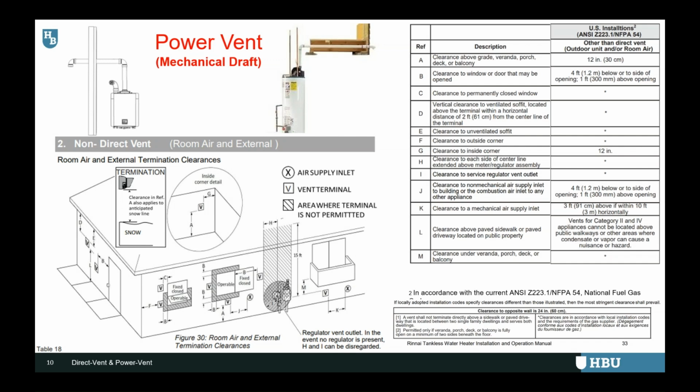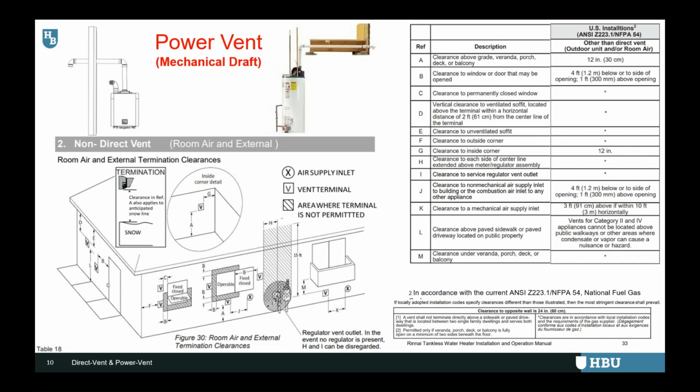Also, pay close attention to clearance to a non-mechanical air supply inlet or the combustion air inlet of another appliance, reference J. Just like windows and doors, you need that 4 foot clearance below or to the side, or 1 foot above. We absolutely do not want our water heater exhaust getting pulled into another appliance's combustion air intake or into the building's passive ventilation system.